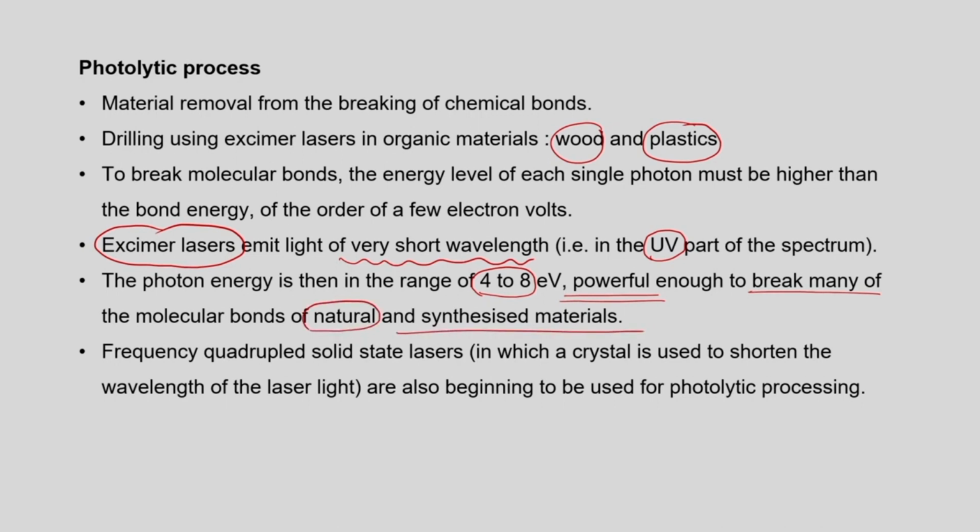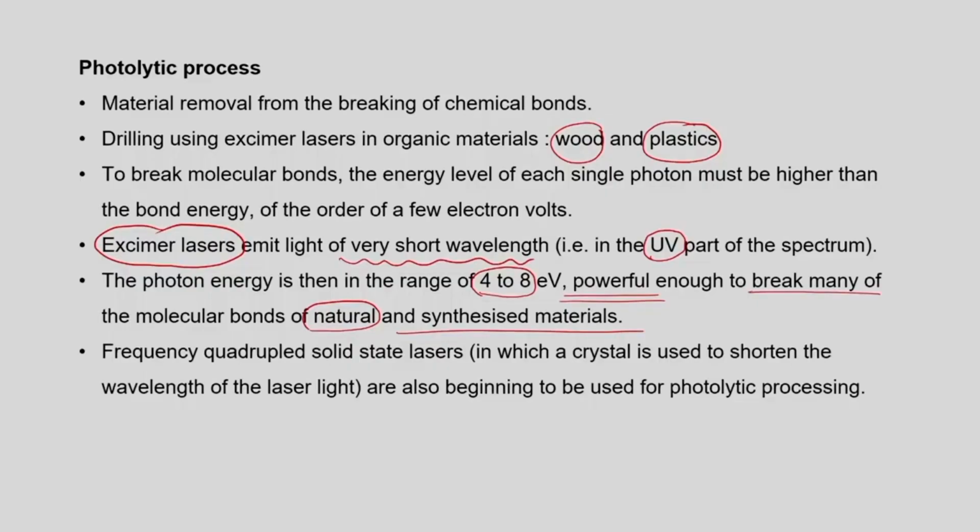So, in general, the excimer laser can be used to carry out the photolytic laser interaction with materials such as wood, plastics and polycarbonates. Moreover, frequency quadrupled solid state lasers such as Nd-YAG lasers, where we use a shortened wavelength of the laser light, can also be utilized for this photolytic processing.